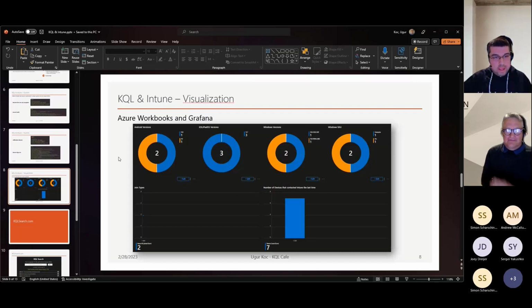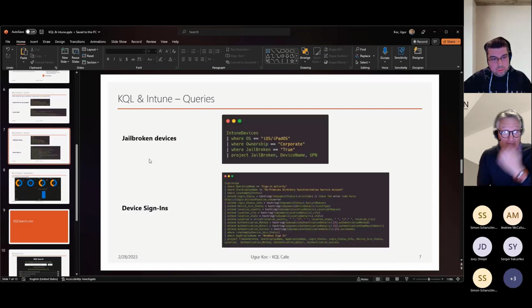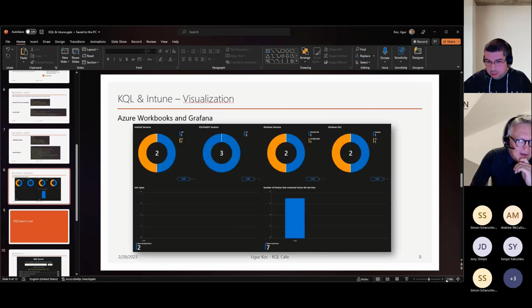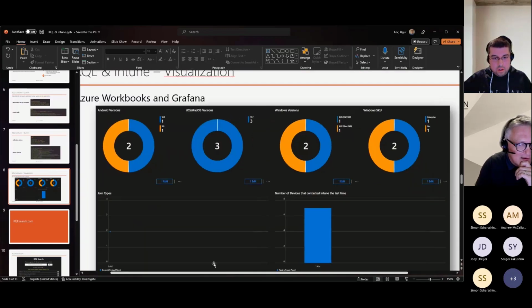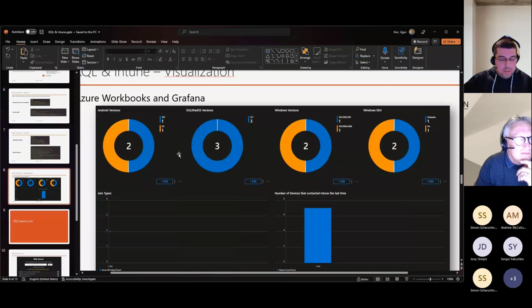I will actually zoom in a bit if it's working. Yeah, that looks good. So I've created an Azure Workbook just to visualize my data, and behind every graph or visualization is a KQL query which searches for data that you want to show.